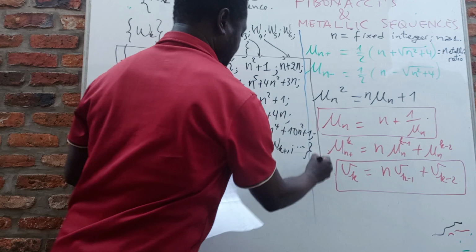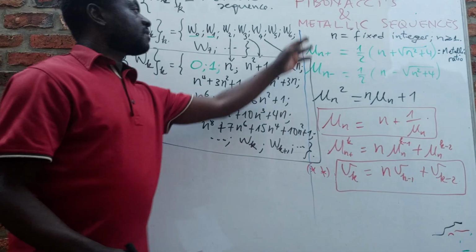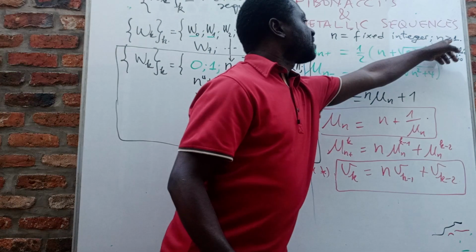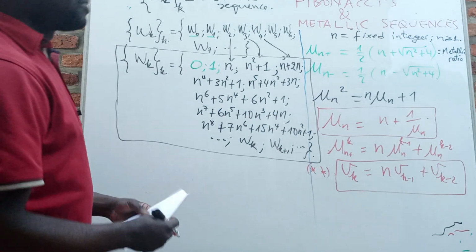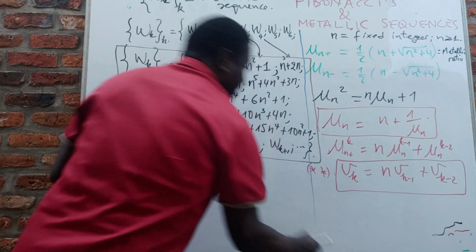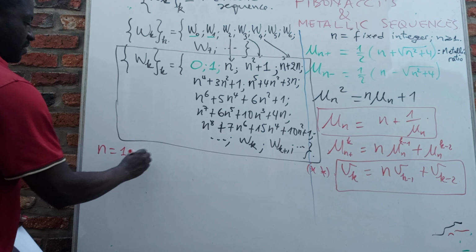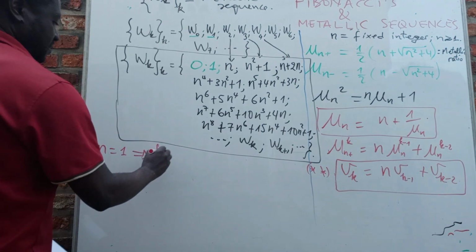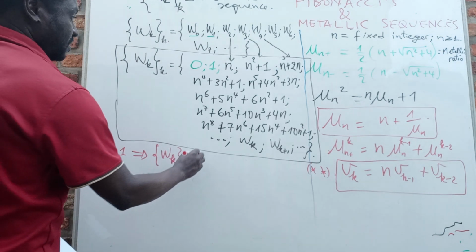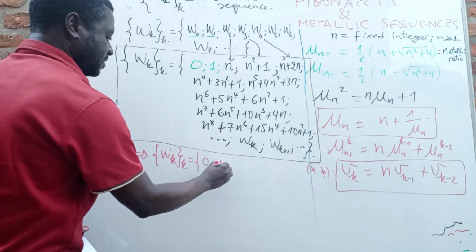So as you can see, these are a few terms of the metallic sequence for fixed n, and you can choose it to be greater or equal to 1. Now, in case, for example, n equal to 1, we are going to get this metallic sequence. So this one will remain as such.